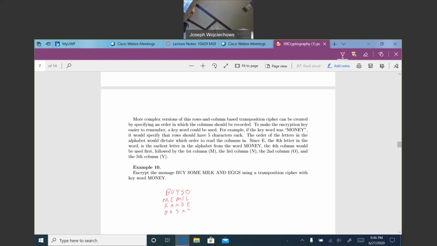So now, using our money, we said the 4th column should be first. So we would rewrite our message like this. The 4th column first. Then we would go to the 1st column.